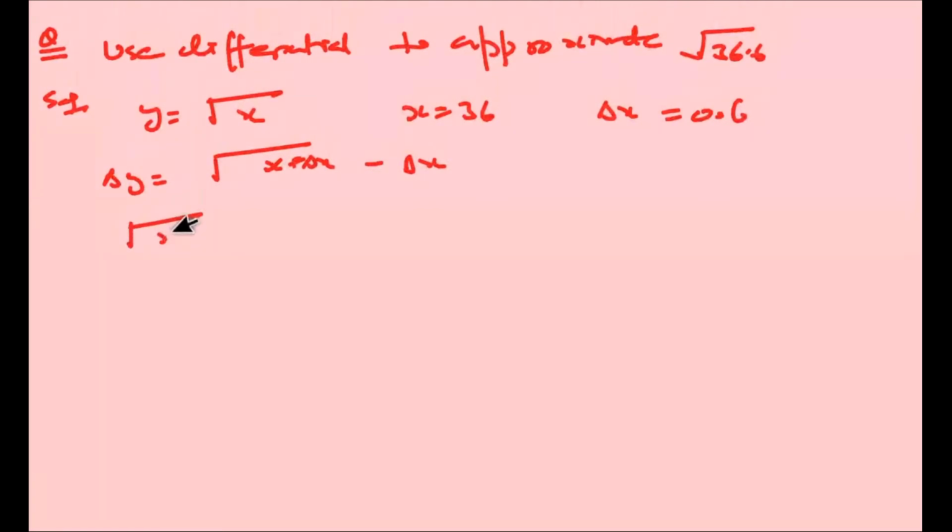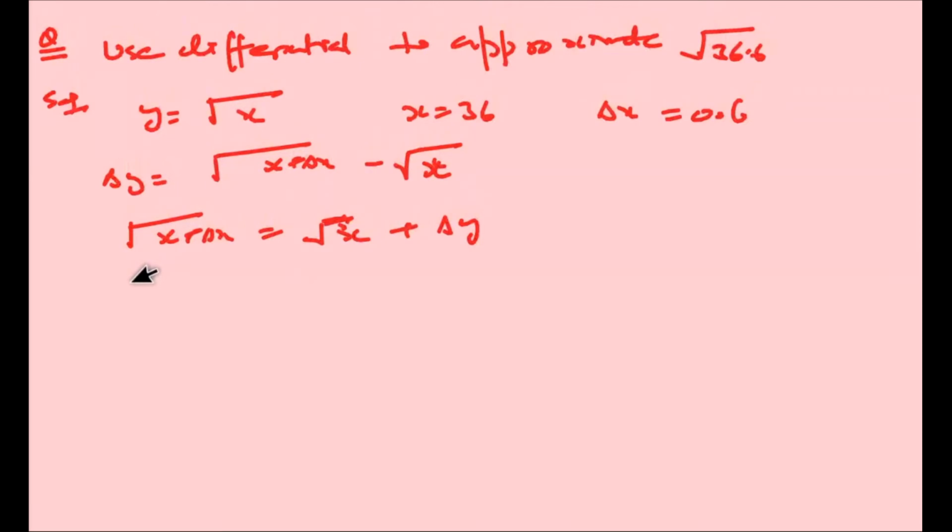So square root of (x plus delta x) equals square root of x plus delta y.